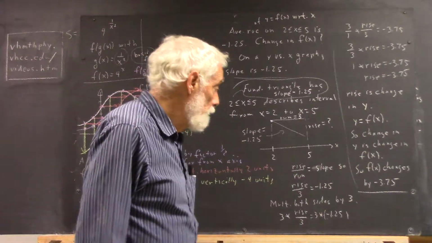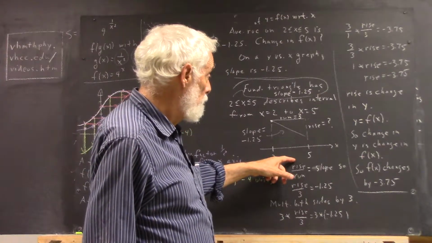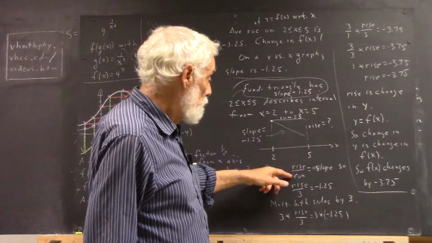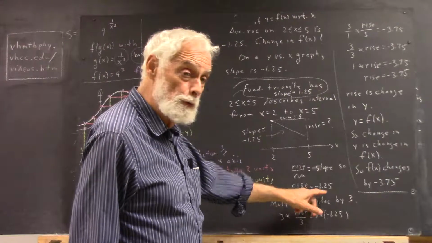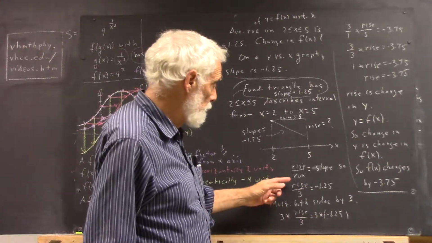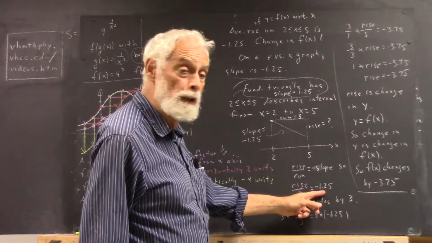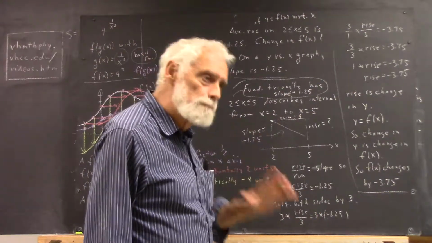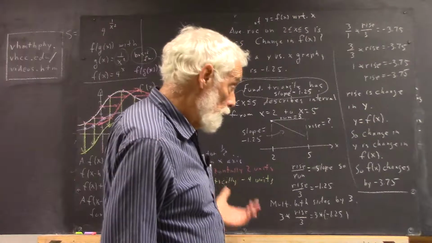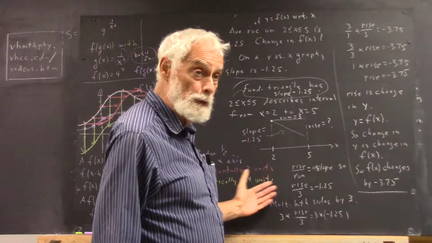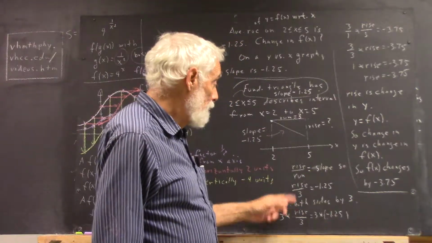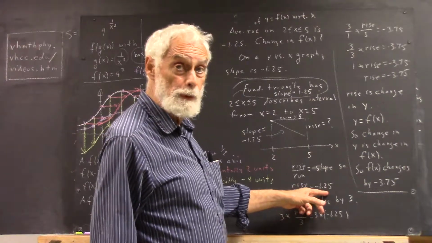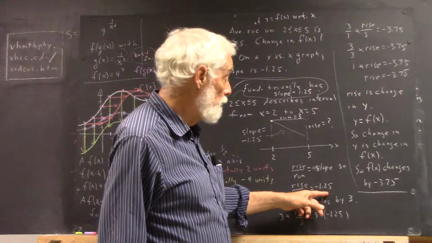In this case, we're trying to find the rise, but we know the slope and the run, so the run is 3. Slope is negative 1.25, and now we have a simple equation: rise divided by 3 equals negative 1.25. Now, to many people, it's going to be very obvious then that we solve this by multiplying both sides by 3, getting a rise of 3 times negative 1.25, and that would be negative 3.75.